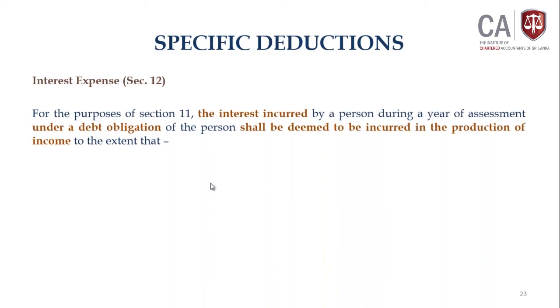You will decide before claiming the interest cost. I think this is a clarity for section 11. That means interest cost could be deemed to be incurred in the production of income if it comes under the criteria of section 12.